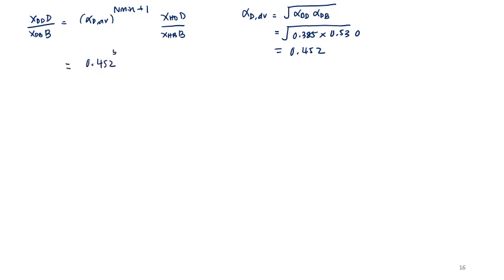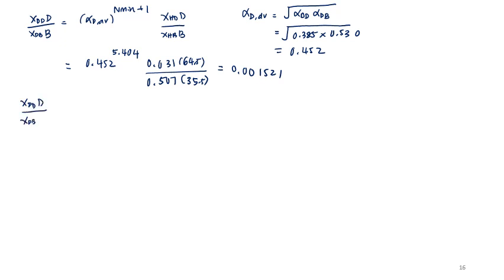0.452 to the power of 5.404, times the compositions here, which you can also refer to from the table previously: 64.5 over 0.507 times 35.5, approximately equal to 0.001521. So you have x_DD D over x_DB B equals 0.001521.